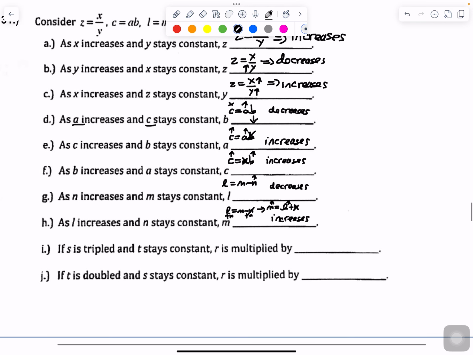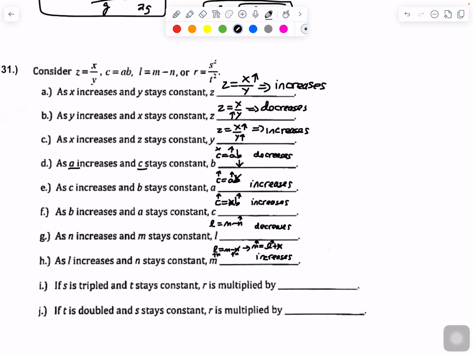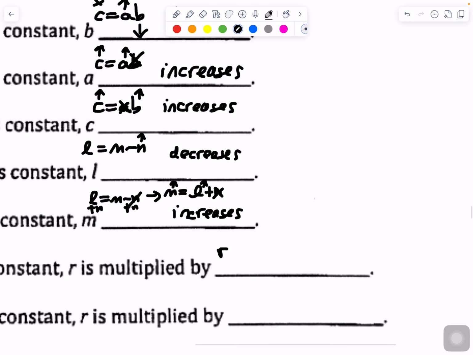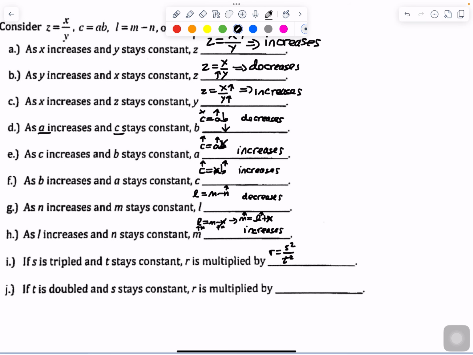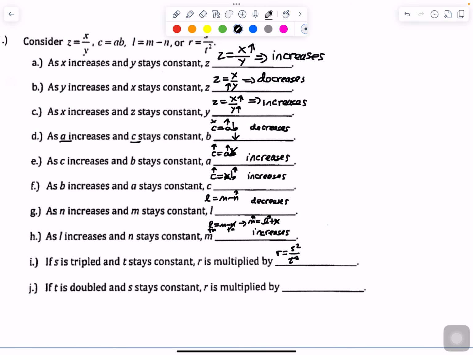Okay, now the last two letters, I and J, are all about this last function. R is equal to S squared over T squared. Now this time it wants to know, proportionally speaking, how much bigger or smaller it is.